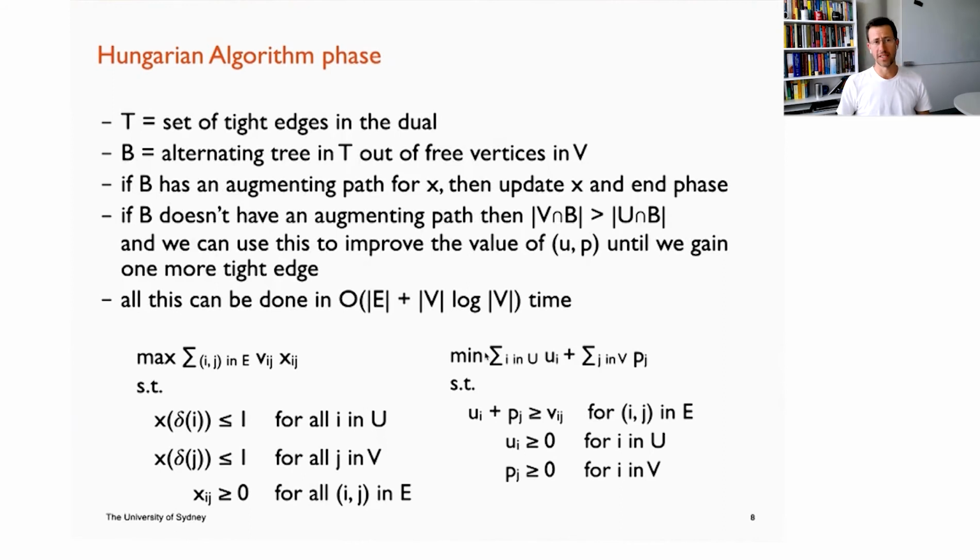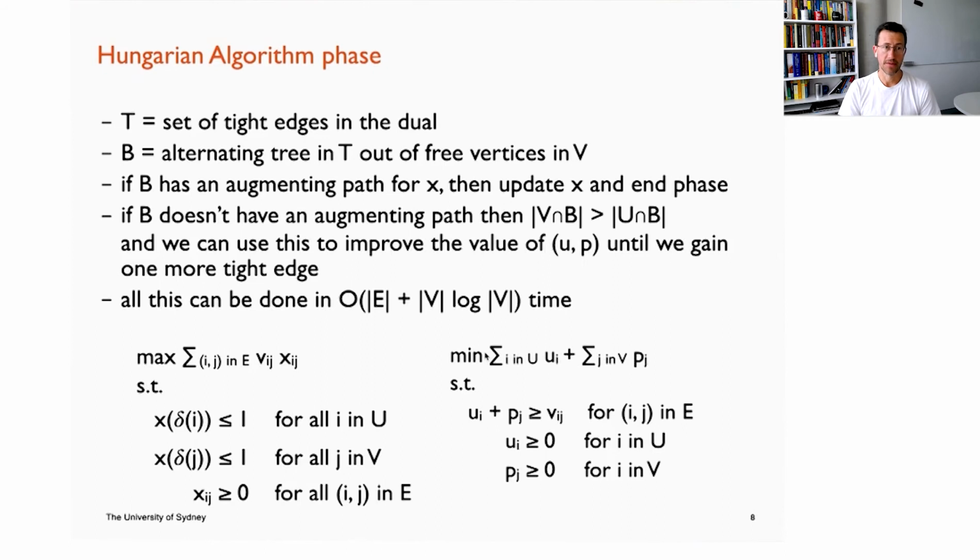In one of these phases, the algorithm does the following. It looks at the set of tight edges in the dual solution that we currently have, and it builds an alternating tree out of the free vertices in V. If this alternating tree has an augmenting path, then great. We can use that to increase the size of our matching, and that ends the phase.